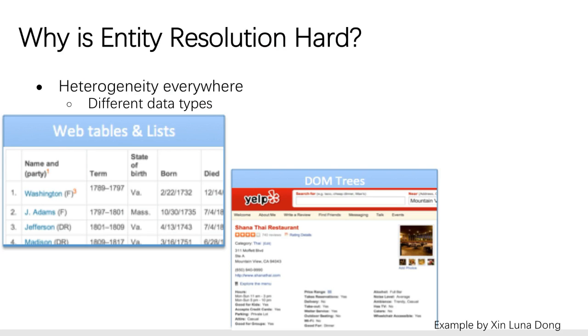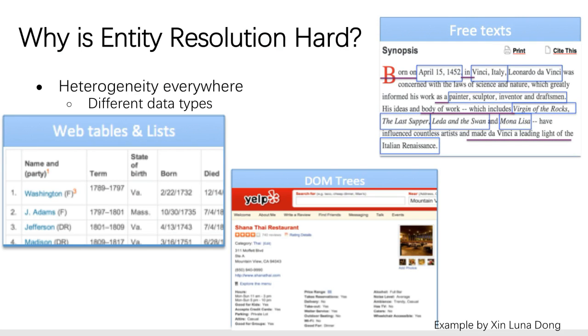It's also possible that the data about one entity is entirely within a page. Although we can use XML or a DOM tree to represent it, we need to deal with the semi-structured nature of different entities. And then lastly, but also very importantly, many times the entities are described using free text, like a paragraph.